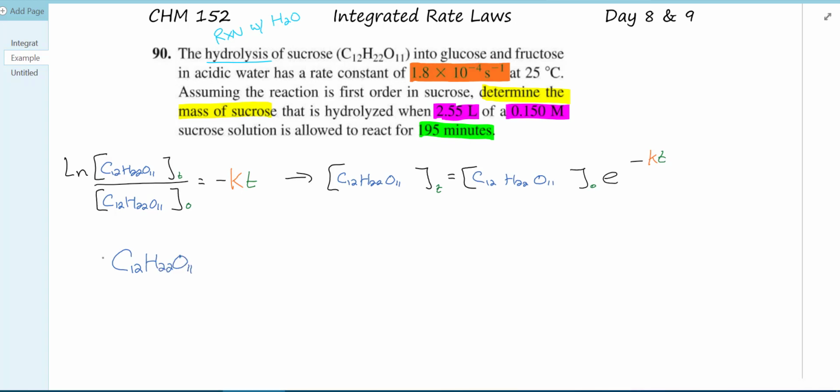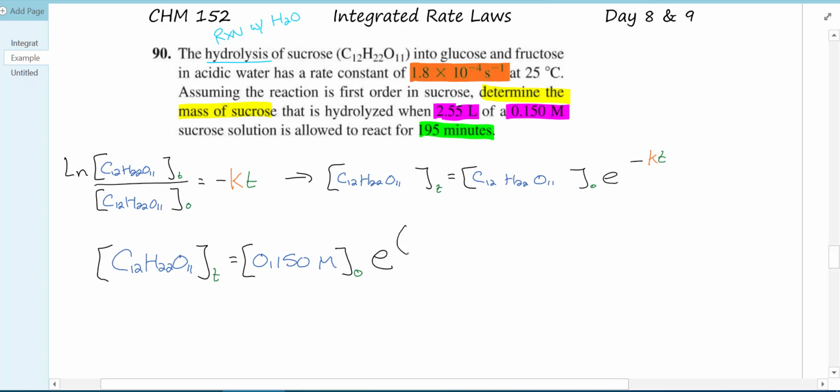The C12H22O11 at time t, which is 195 minutes, is equal to the original concentration of 0.150 molar at time 0, times E to the negative K, which is 1.8 times 10 to negative 4 seconds negative 1, times t, 195 minutes, and that's not going to work.